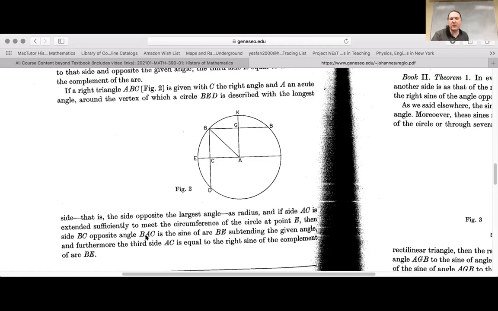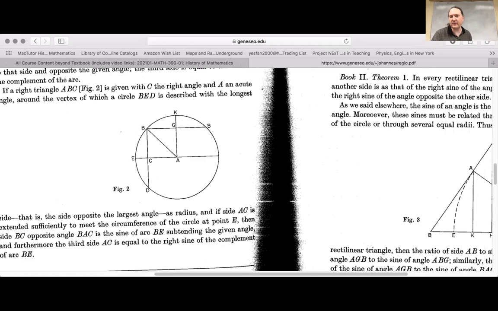BC, opposite angle BAC, is the sine of arc BE. It's interesting they're doing sines of arcs, which is a little different than the way we would think about things, but okay. And AC is equal to the sine of the complement of the arc. So I guess if they're thinking about arcs, they're thinking about that. We would think about that angle. All right, so there's sine and cosine, which is nice.